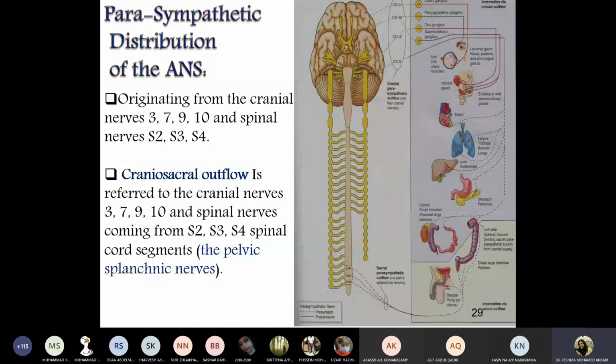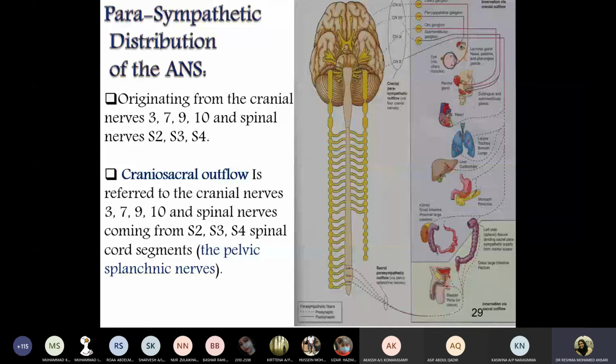But for the pelvic regions like the urinary bladder and the uterus, we need parasympathetic outflow that comes from the S2, S3, S4 segments of the spinal cord. We call these the pelvic splanchnic nerves. So the sympathetic is thoracolumbar outflow, coming from the thoracic and lumbar areas.